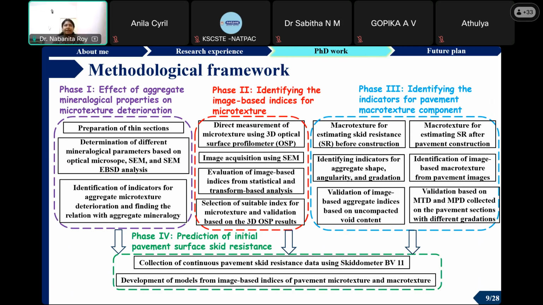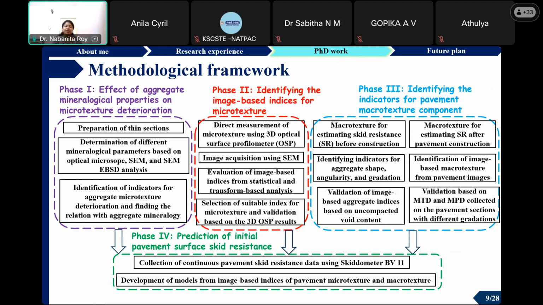Similarly, to check the correctness of the results from the image analysis, I used two methods: the sand patch method, and a profile-based, laser-based method. From those, two indicators were determined, MTD and MPD: mean texture depth from the sand patch method, and mean profile depth from the other method. Now coming to the final phase of this study, which is about prediction of initial pavement skid resistance.